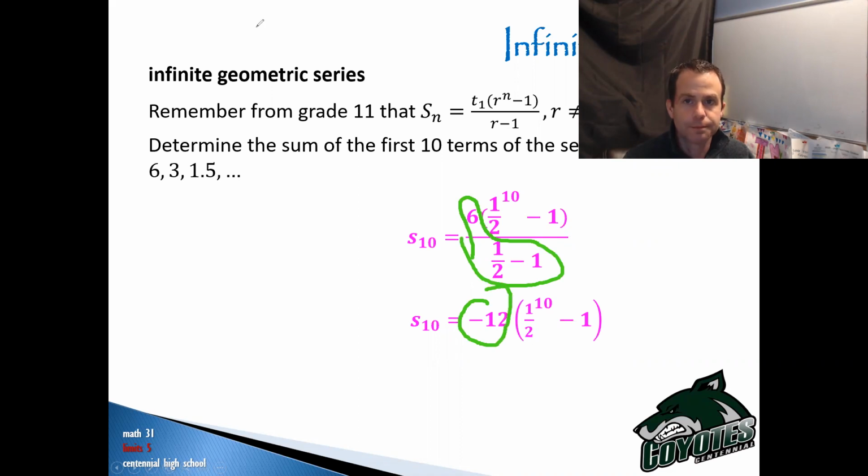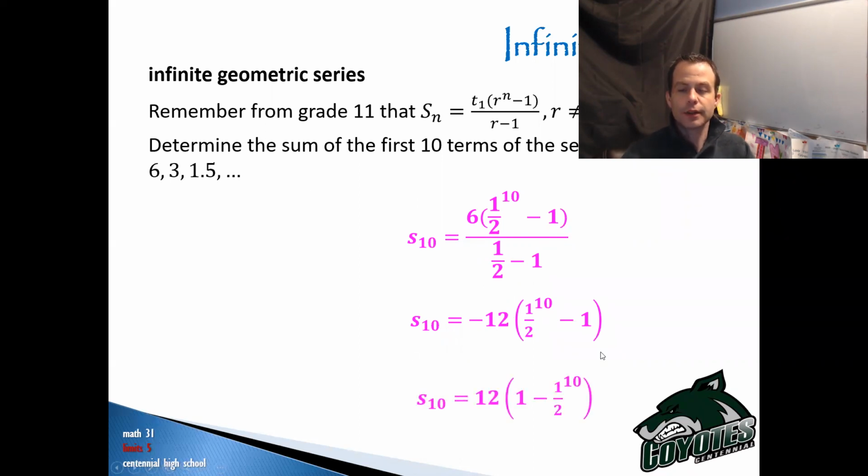That's where that comes from. Now, the next thing I did was I said, let's factor out a negative 1. So I took out a negative 1 from here, which caused that to be positive, and it changes the signs of this guy. That's why my 1/2 to the 10 is now negative, and my 1 is now positive. So I factored out a negative 1.